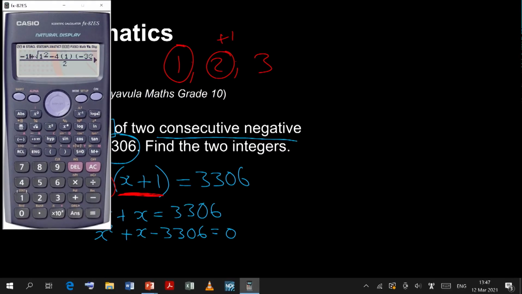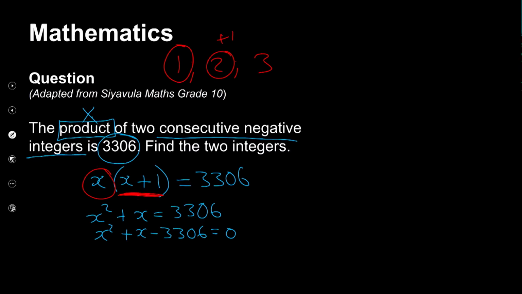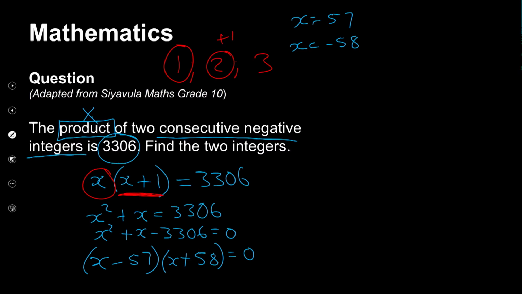And then if I change this and make it a minus, it will give me negative 58. So I got two answers, right? x equals 57 and x equals negative 58. That means this is the same as x minus 57 and x plus 58 equals 0.